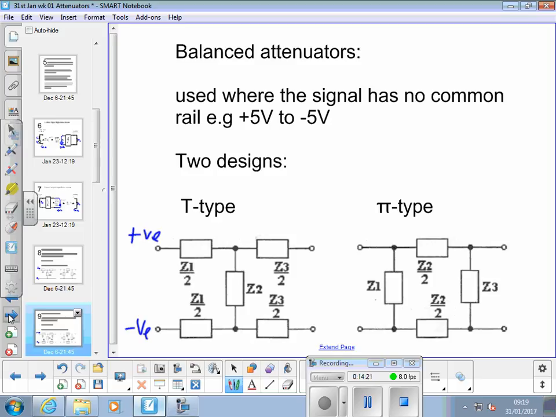And that's 5 volts. Between the pi type, unbalanced situation. Your signal stop 0.